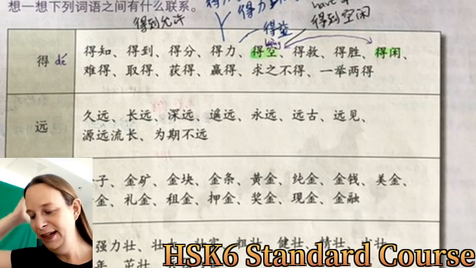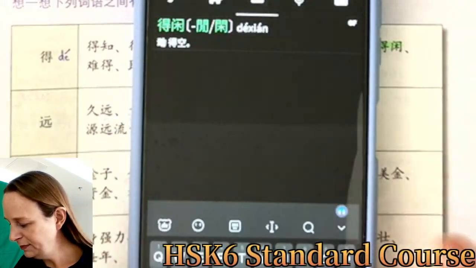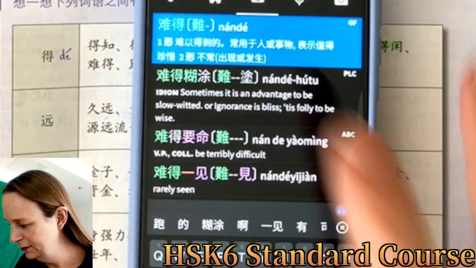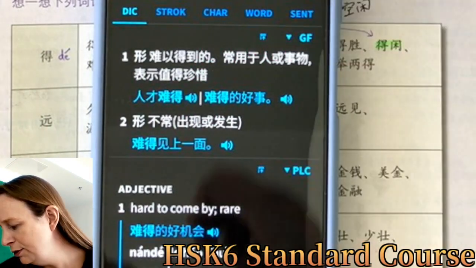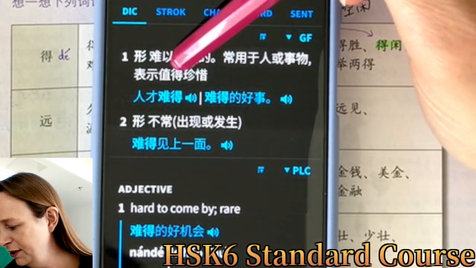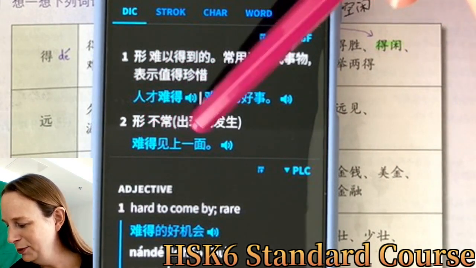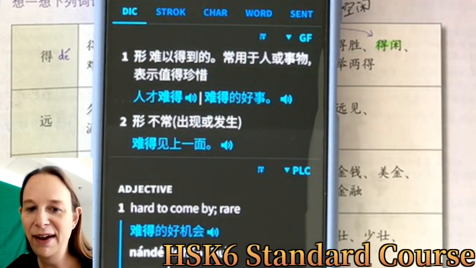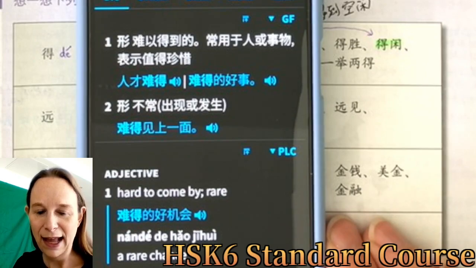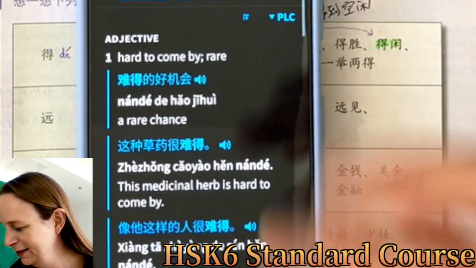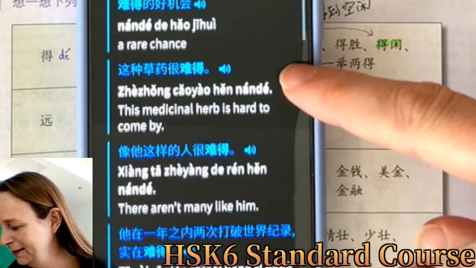It's an adjective meaning rare, 难得. 难得. 难以得到的，也常用于人或事物表示值得珍惜，也不常出现或发生。It just means rare, right? So it doesn't necessarily mean things that are obtainable, kind of. 难得的好机会。Yeah, this one is hard to come by. Yeah.